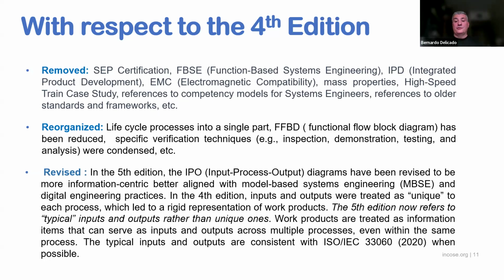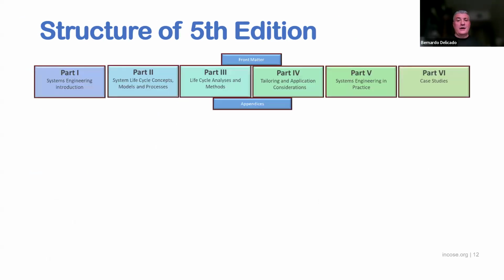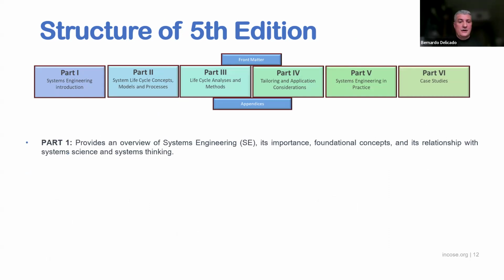Okay, let's move to the structure of the 5th edition. As I mentioned, we have now 6 parts. Part 1 provides an overview of system engineering, its importance, the foundational concepts, and its relationship with system science and system thinking.